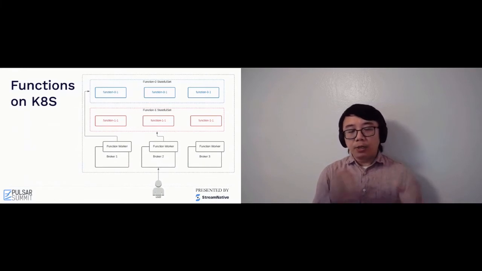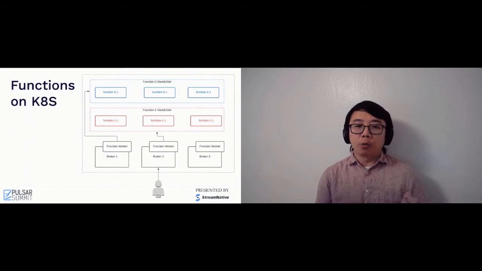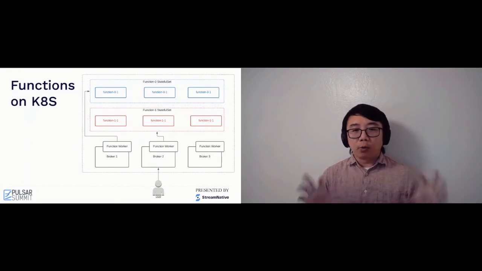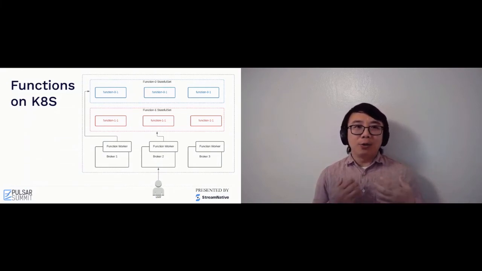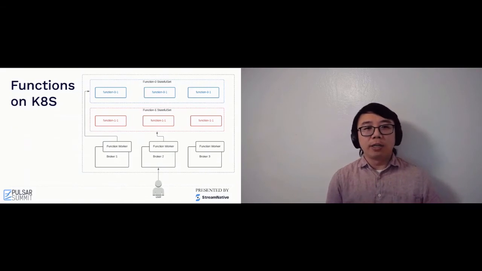Within the broker, a module called the function worker takes the create function request sent from the user. The function worker first writes the function metadata into a function metadata topic. It's a Pulsar topic; the function worker uses a Pulsar topic for its metadata management.